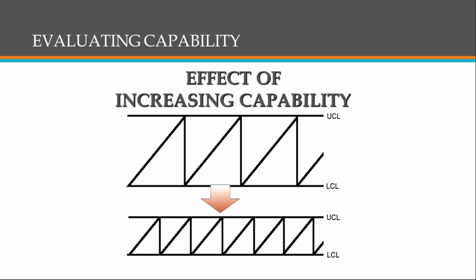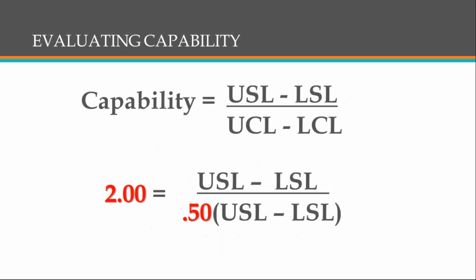So unless there's an economic reason why you must compress the control limits, it's not a good idea to do so. And if you want to do Six Sigma and get a capability of 2, you would only be running to 50% of your tolerance. But again, unless there is an economic reason why that's necessary, all you're doing is creating more operator intervention, more adjustments than are really needed.